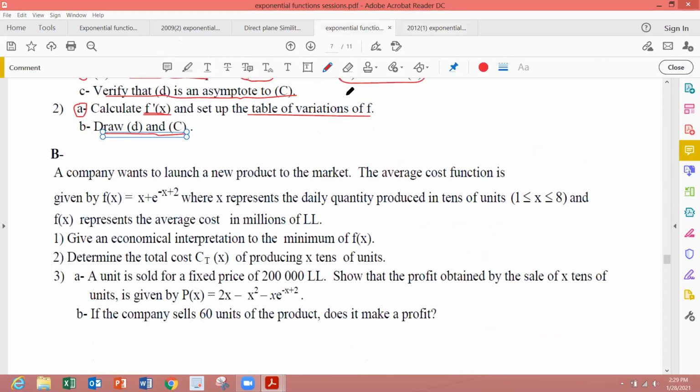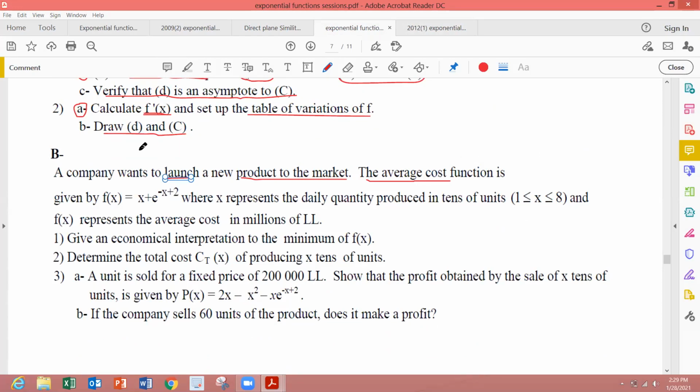Part B. A company wants to launch a new product to the market. The average cost. What is the rule of the average cost? C bar of x equals CT(x) over x.